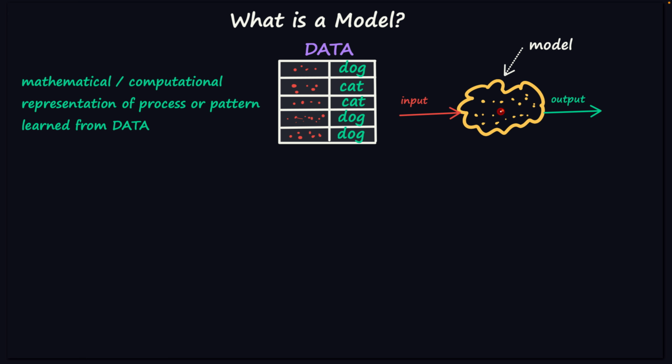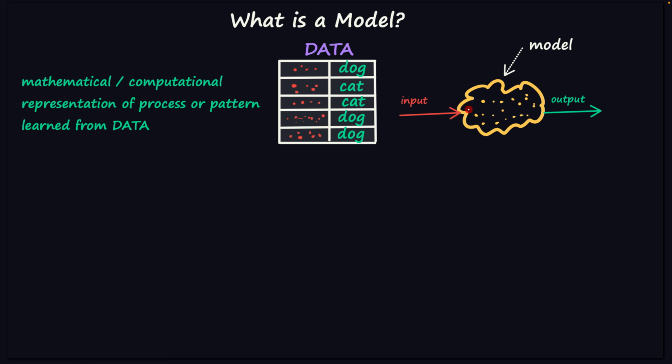Now, this model is different from traditional computation because we will not be able to explicitly specify the steps the system has to take to map the input to the output. The model has to figure that out just using the data. We'll pass a bunch of data, and from that data, it will understand what is going on.